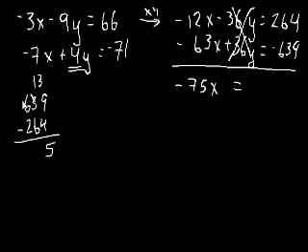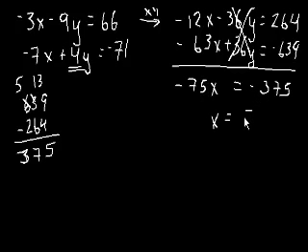Let's see, 13 and 5, 70. I don't know if I'm right, but we'll see. So since it's actually the negative on the 639, this is minus 375. And I know that 75 goes into 300 4 times, so x is equal to 5, because 75 times 5 is 375. We just divided both sides by 75.